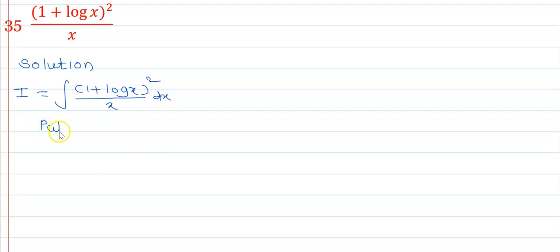Put 1 plus log x is equal to t, and therefore the derivative of 1 is 0, and of log x is 1 upon x into dx, is equal to dt.